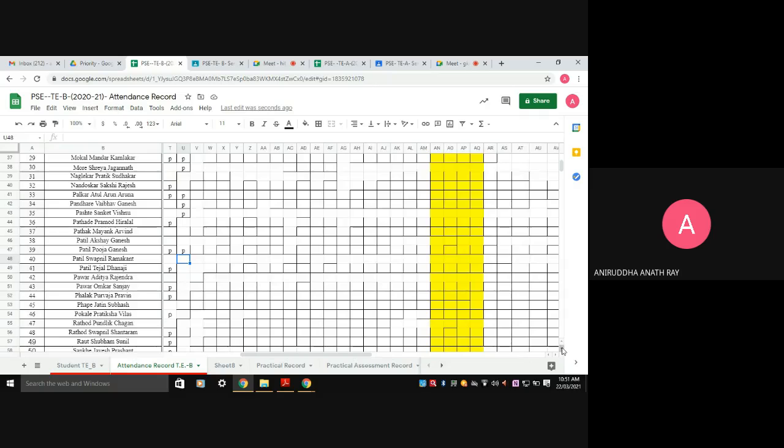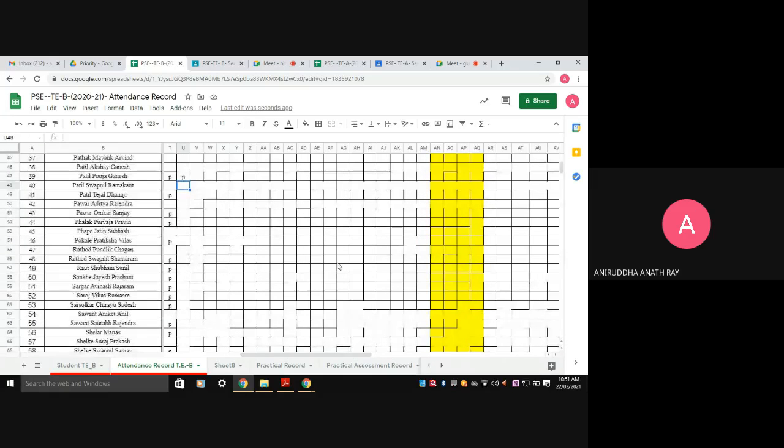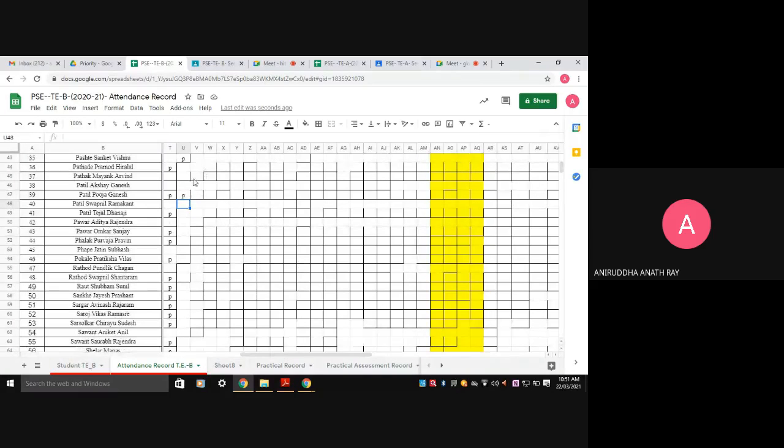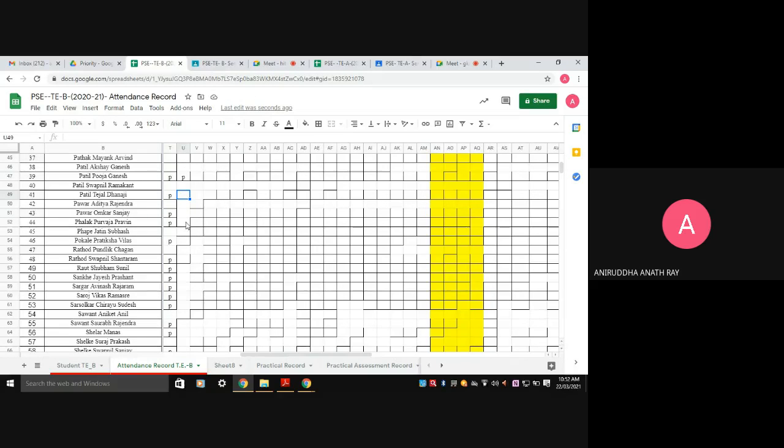Next, roll number 41 to 50: 37, 36, 45, 44, 43, 48, 50, 49.